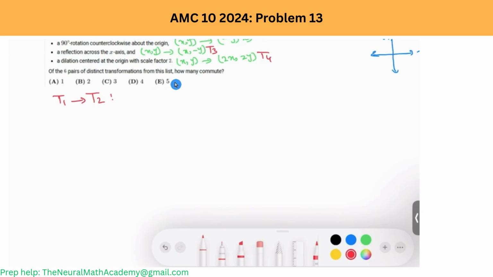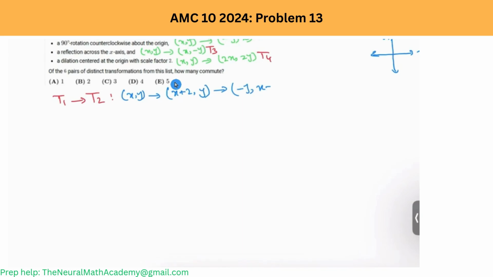If I apply T1 first, that gives me (x plus 2, y). Now if I apply T2 on this, I get (minus y, x plus 2).